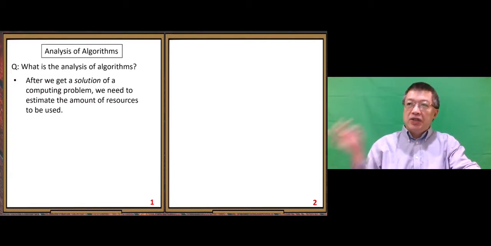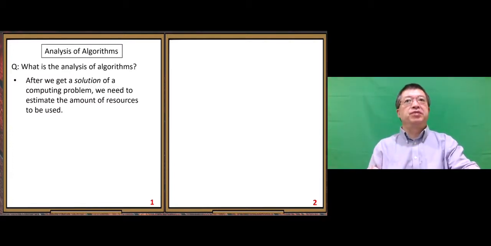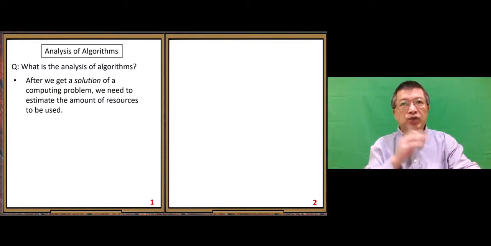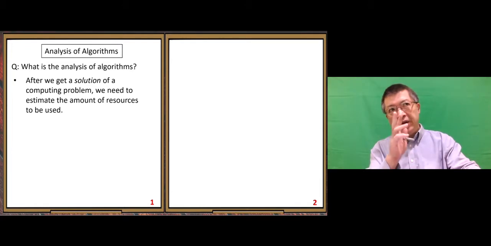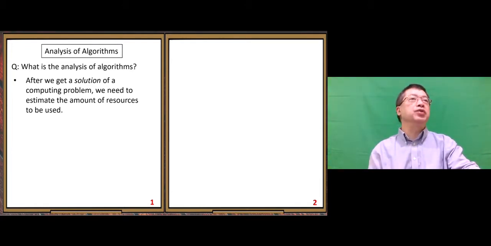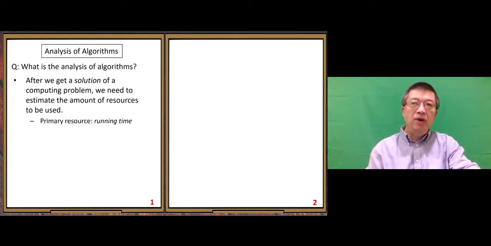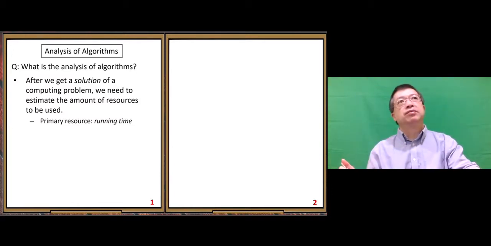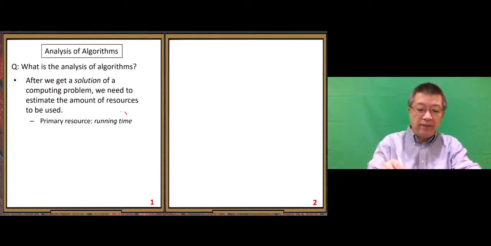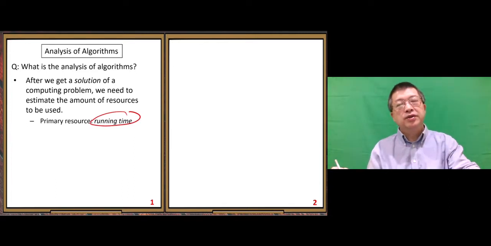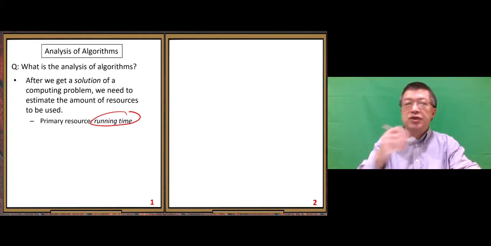So now let's look at the resources used in an algorithm. Usually we look at two types of resources. The first type, the primary resource, is the running time, the most important factor we want to look at when we do analysis of algorithms.